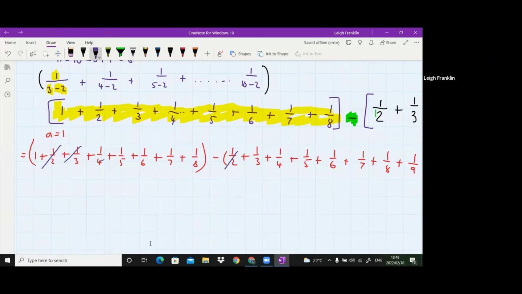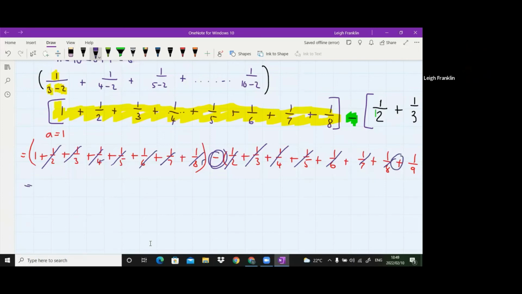And then this plus third minus that third. And then this quarter minus that quarter, and this fifth minus that fifth, and this sixth minus this sixth, and that seventh minus that seventh, and this eighth minus this eighth. And then remember, we're minusing all of these, so this is going to end up being a minus over here as well.